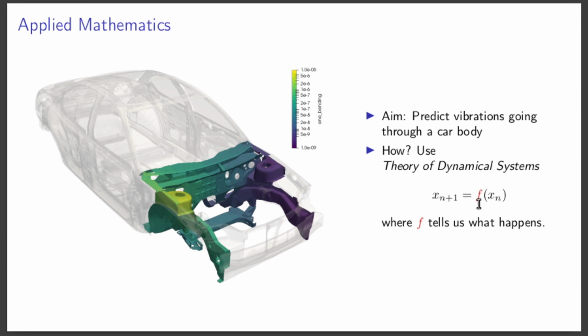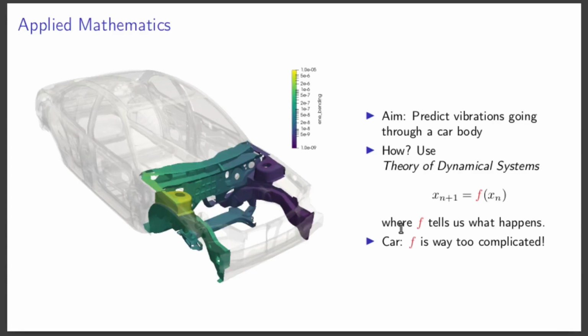Then we will apply f again and get x2. We'll apply f again to x2 and get x3, and so on and so forth. And this, in the language of the left-hand side, will then propagate these rays step by step through this complicated domain. Our vibrations are mapped forward one time step after the other.